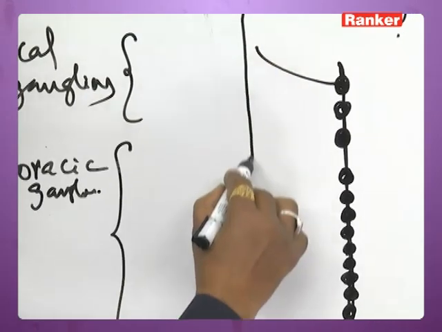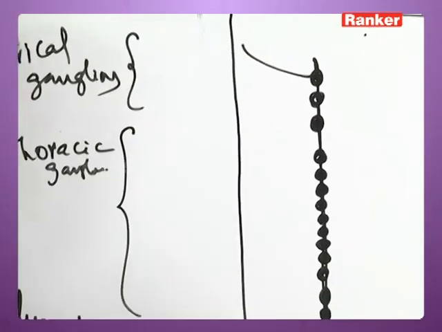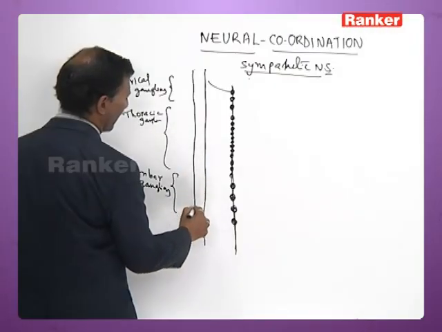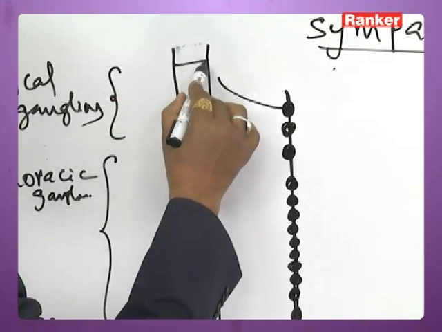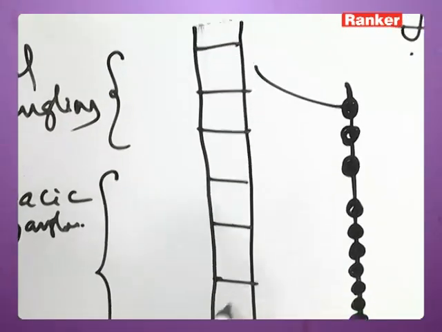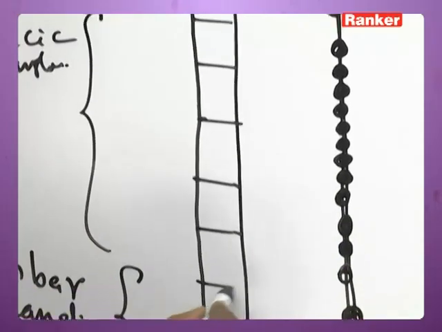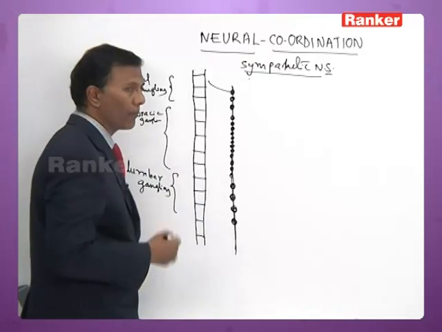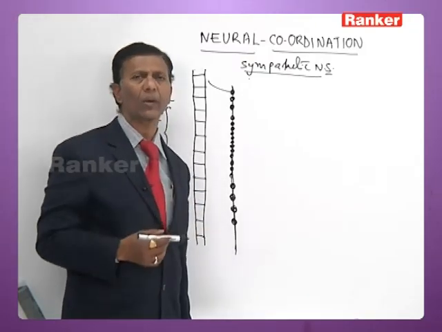Suppose this is the vertebral column here. So these are the vertebrae. There you have about 33 vertebrae, 26 free vertebrae.